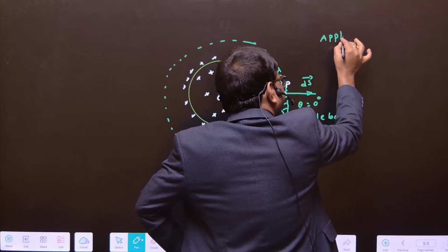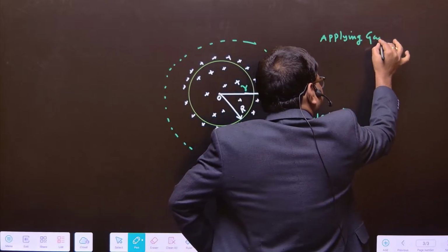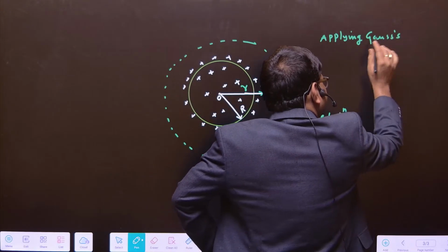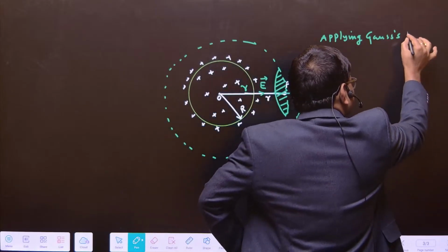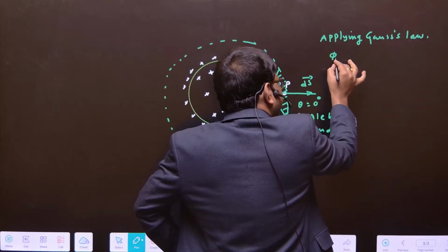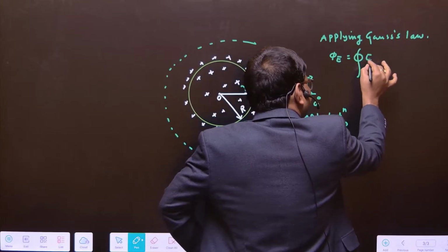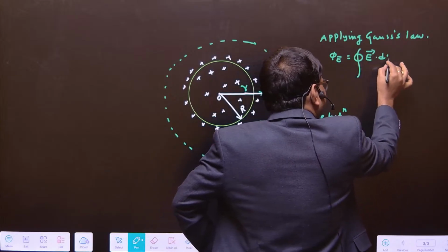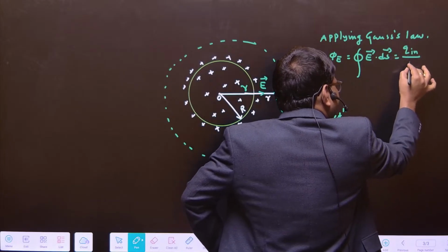Applying Gauss's law, you will write like this. You will derive like this for the CBSE board. Applying Gauss's law, we can write electric flux phi E is equal to the surface integral of E vector dot dS vector, equal to q enclosed divided by epsilon naught.